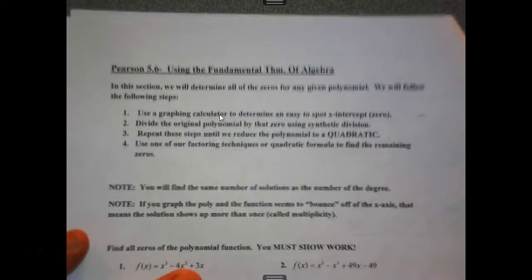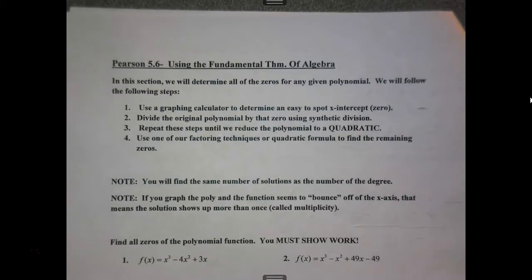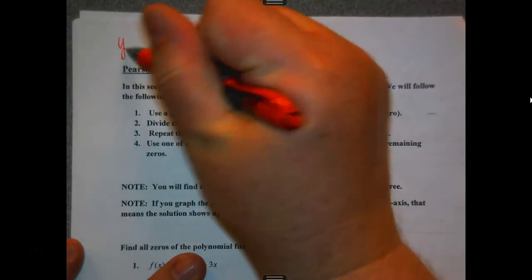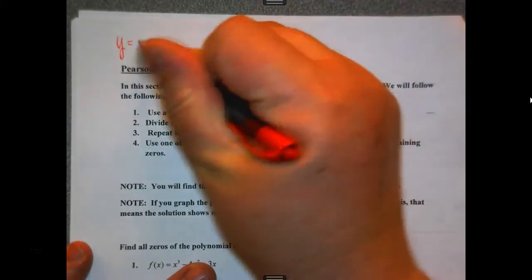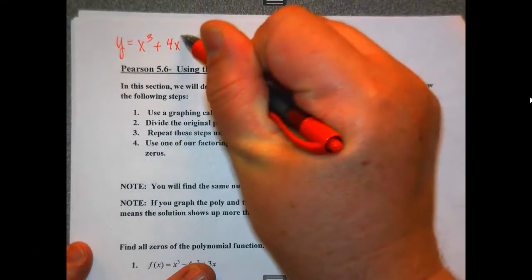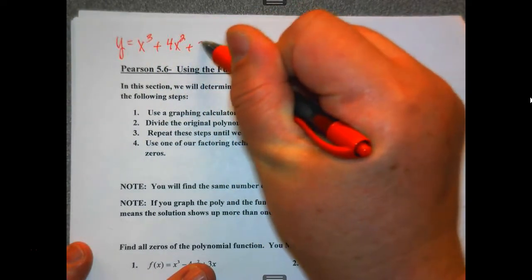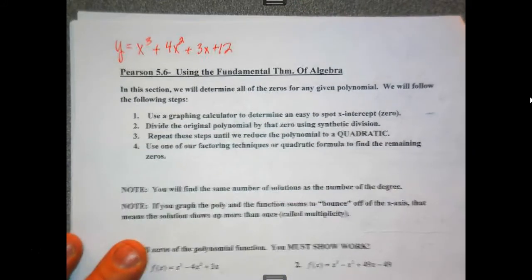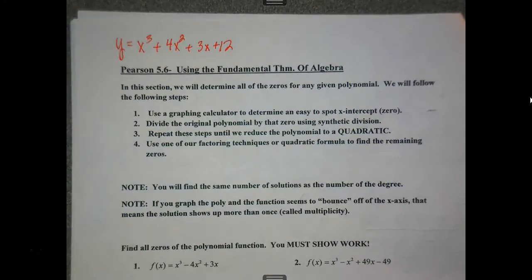Last time we were together, fundamental theorem of algebra. If I have a polynomial like y equals x cubed plus 4x squared plus 3x plus 12, how many zeros or solutions can this polynomial have?